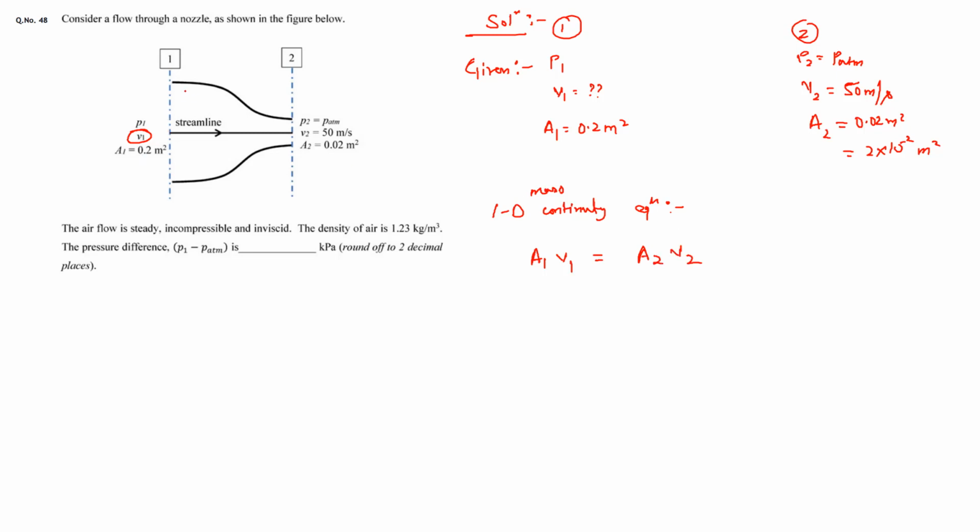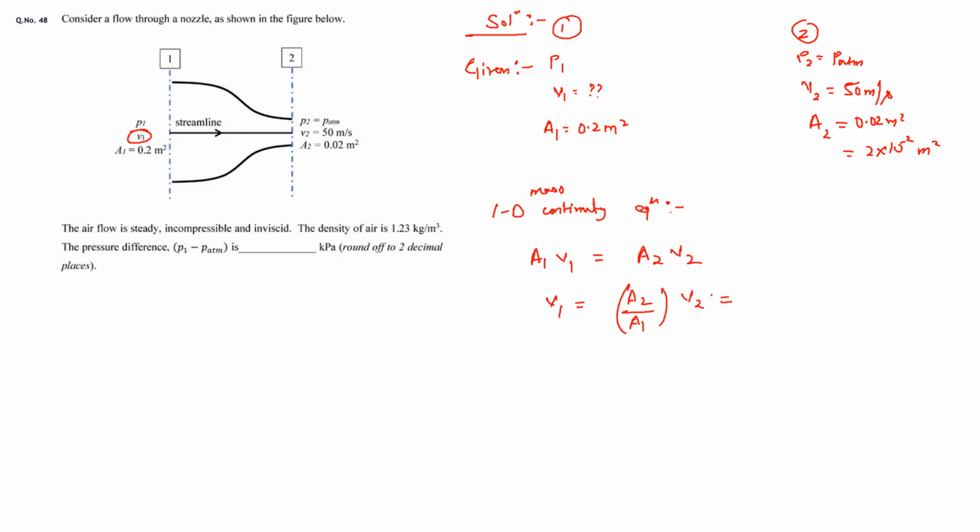This has to be satisfied because the mass has to be conserved. Whatever is coming in here has to come out of here. Everything else is known to us. Simply we can say that V1 is nothing but A2 by A1 times V2.